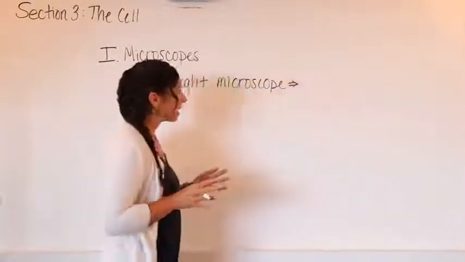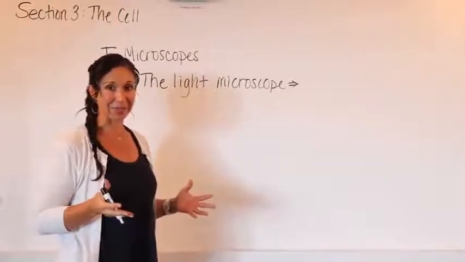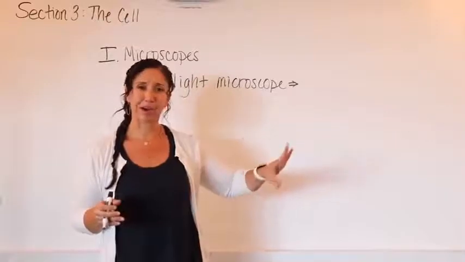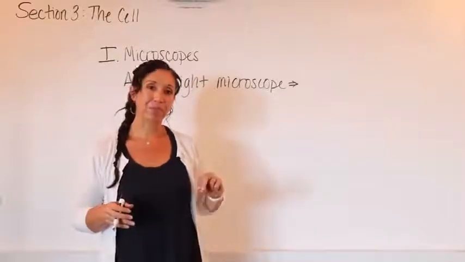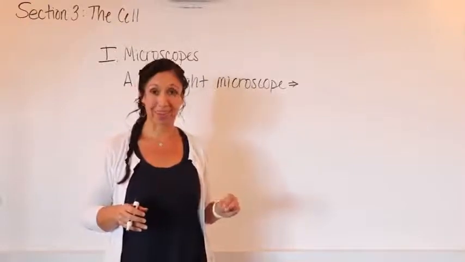So if you ever get your hands on the light microscope, I highly suggest you just do some fun outdoor play. If you have a pond nearby or some kind of body of water, you might be able to find some really cool life inside just one drop of water. It's pretty fascinating.